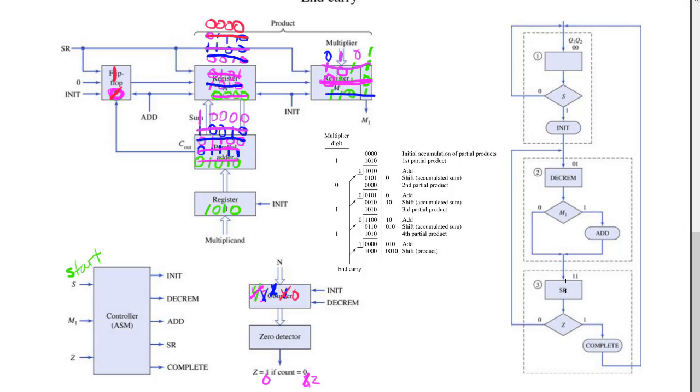So we're down here at state 3, shift right. That 1 moves in right here, and then we get a 0 moving in. Now we look at Z. Z looks up here and goes, wow, we're at 0, we're done, 1. So it goes complete and it stops. And we've got our answer. Our answer is right here. Yeah, it's the same answer as right here.